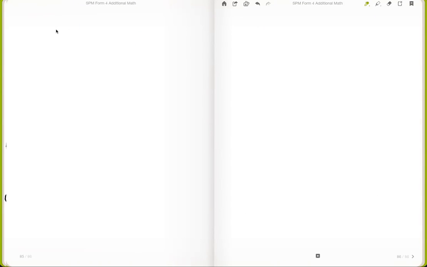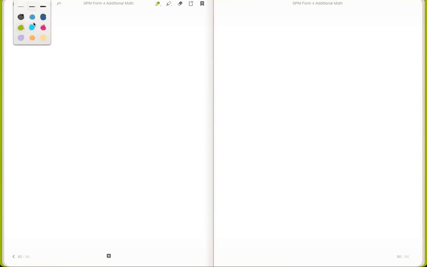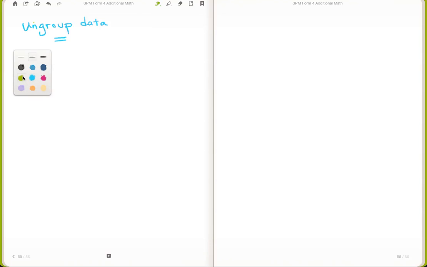As for variance for ungrouped data, we are still in ungrouped data. Variance actually measures how the data changes from one to another, the average value of how the data changes.